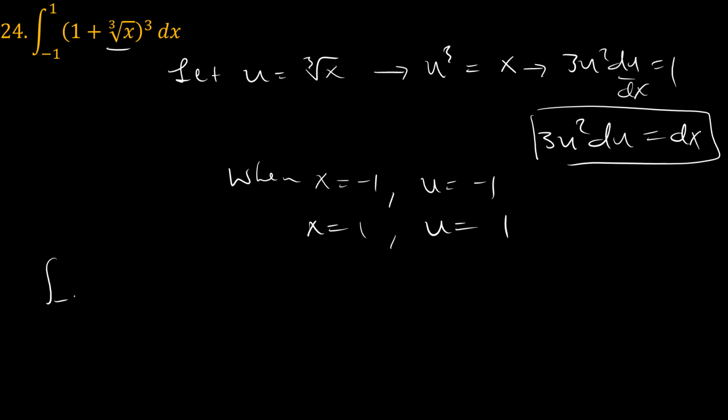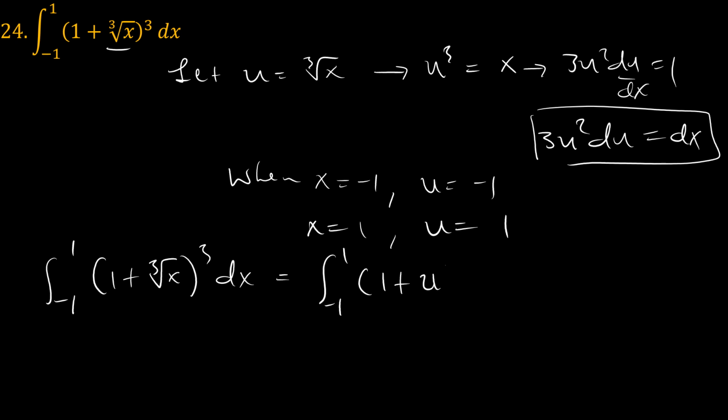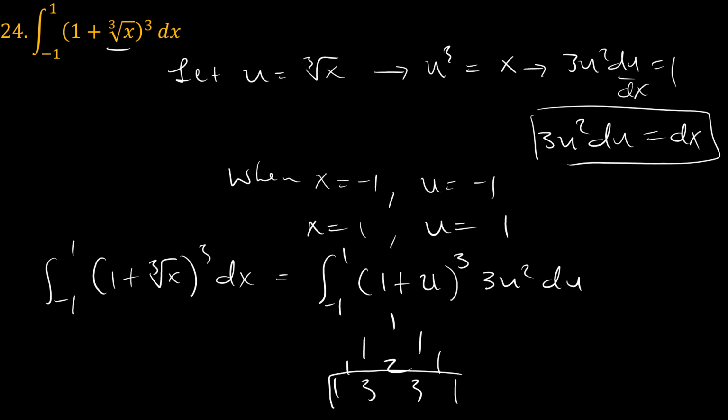So in other words, the integral from -1 to +1 of the cube of 1 plus the cube root of x equals the integral from -1 to +1 of 1 plus u, cubed, times 3u squared. If I use Pascal's triangle, 1 1, 1 2 1, 1 3 3 1, these are the coefficients of this expansion.